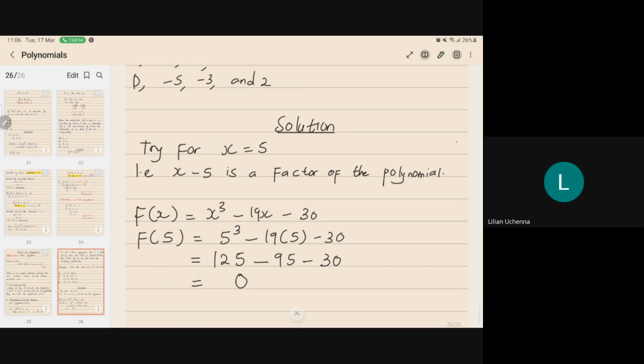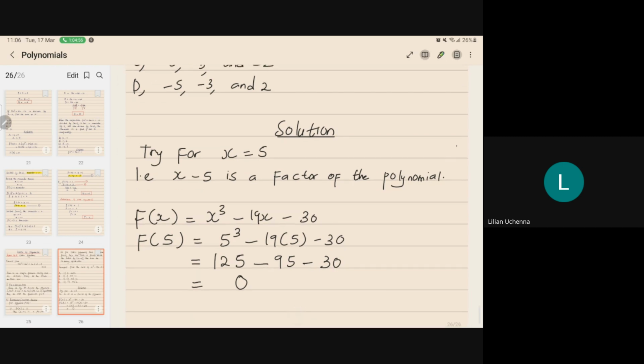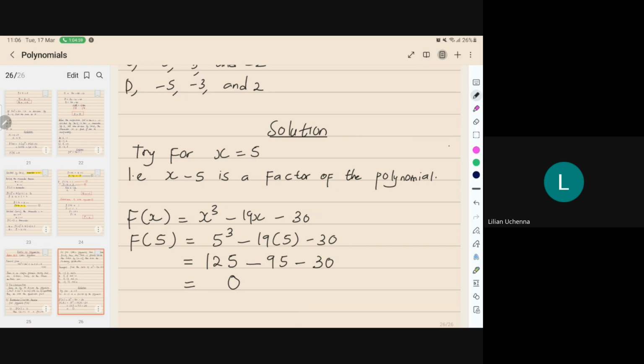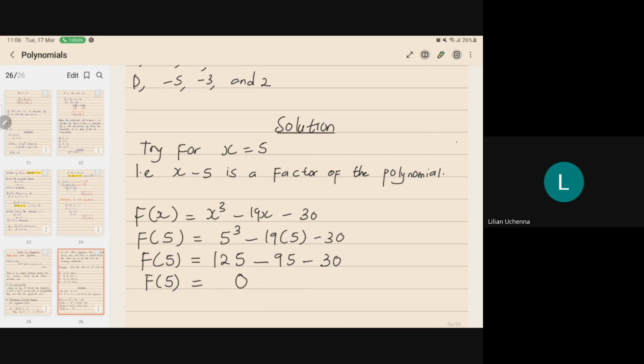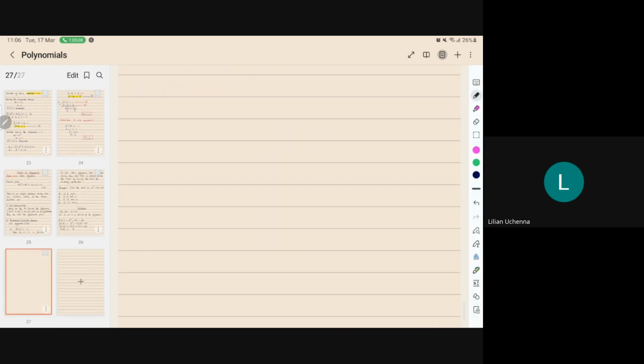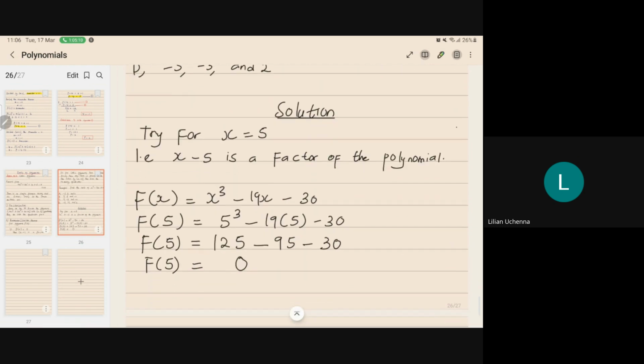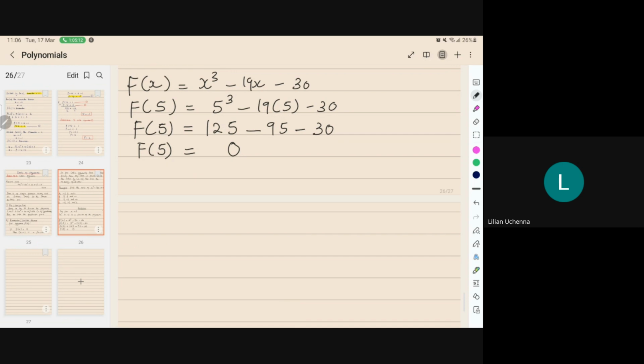So what does that tell you? It tells us that f(5) is equal to 0. So this implies that x minus 5 is a factor of the polynomial.